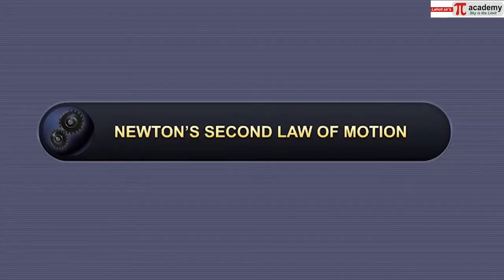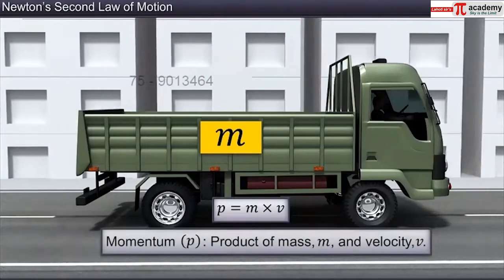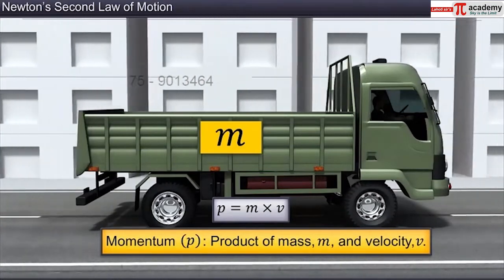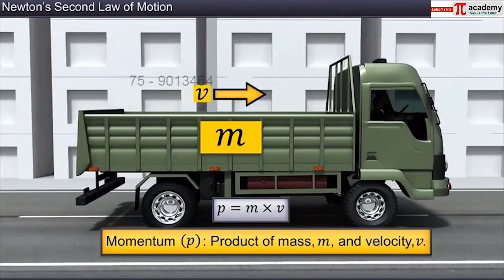In this module, you will learn about momentum, Newton's second law of motion, and impulse. The momentum of a body is defined as the product of its mass m and velocity v.